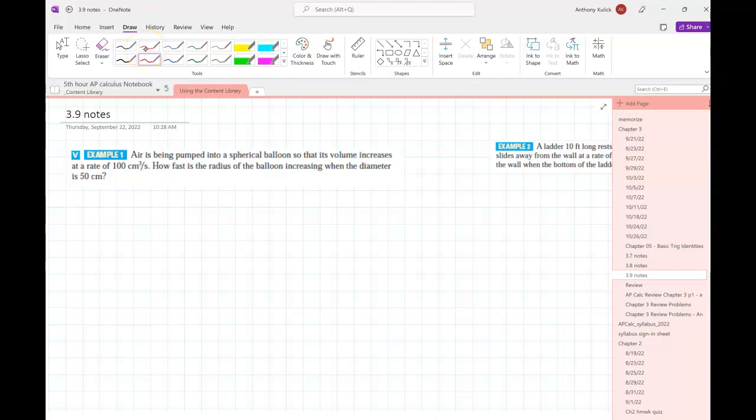Example 1 says air is being pumped into a spherical balloon so that the volume increases at a rate of 100 cubic centimeters per second. How fast is the radius of the balloon increasing when the diameter is 50 centimeters? Okay. So first thing I'm going to do is identify the equation that relates to this situation. We're talking about volume of what type of shape? Sphere.